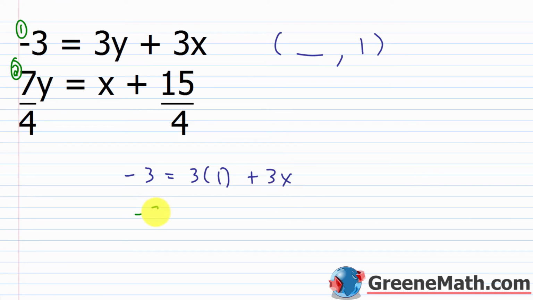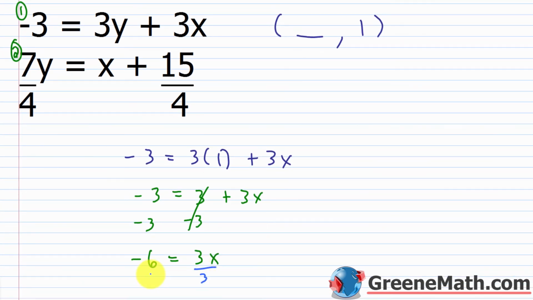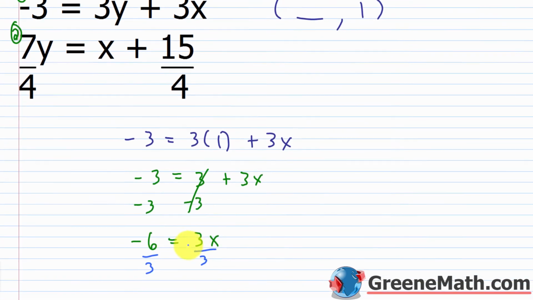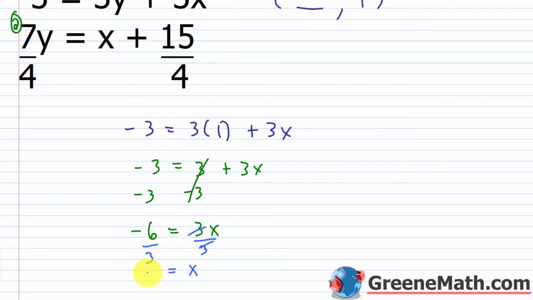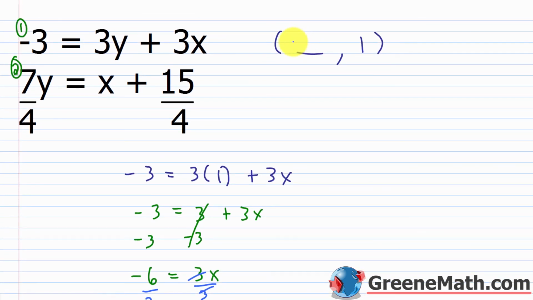So I'd have -3 is equal to 3 plus 3x. Let's subtract 3 away from each side of the equation. That'll cancel. I'll have -6 is equal to 3x. Let's now divide both sides by 3. And what I'll have is x is equal to -2. So x here is -2, y is 1.